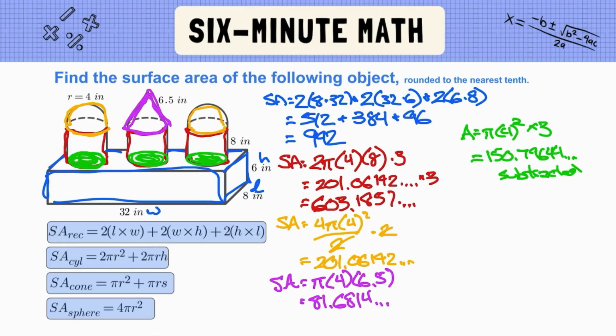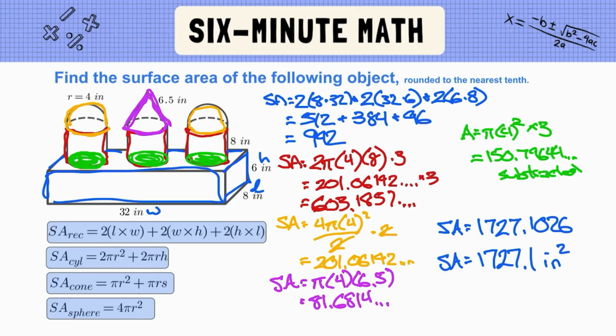I add all of those up and I get a surface area of 1,727.1026. Round that to the nearest tenth for a final answer of 1,727.1 square inches.